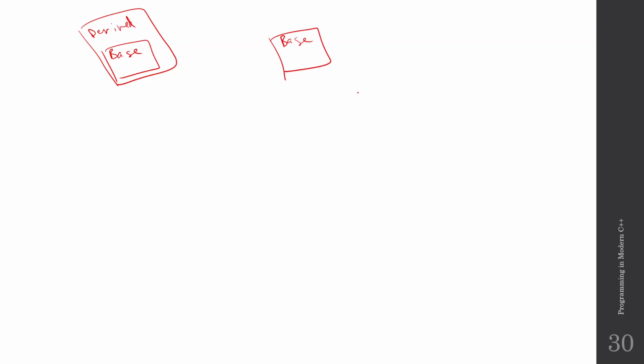If we look at the previous diagram, every derived type object has a base type object inside it. But the converse is not true. If we have a base type object, it does not contain a derived type object, nor is it surrounded by a derived type object.